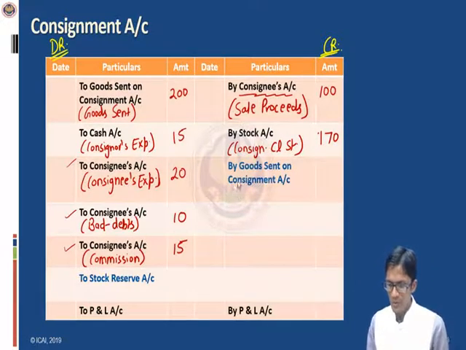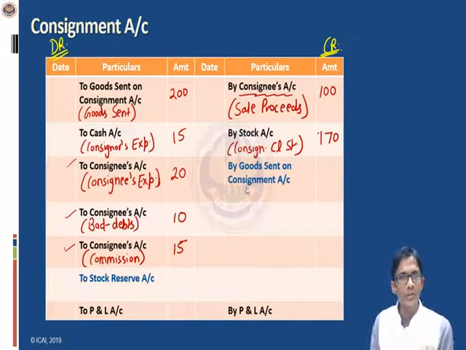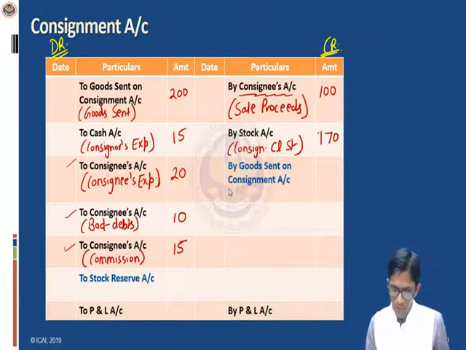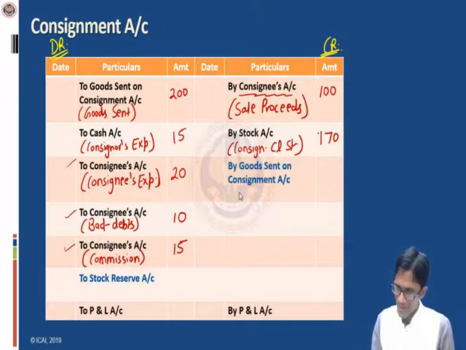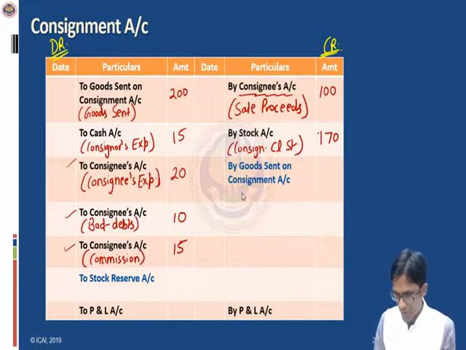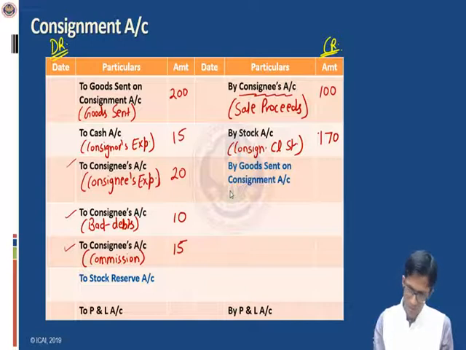Now just looking at all these entries in the ledger, let us make the final conclusion. Let me calculate with the help of a calculator the total amount lying on the credit side. As we can see, the total amount on the credit side is 100 plus 170, and on the debit side we can see many amounts.